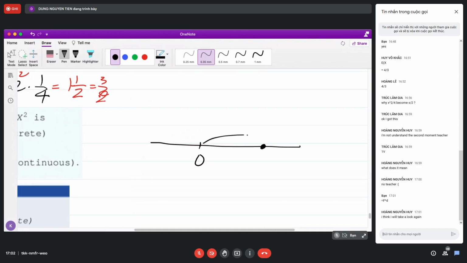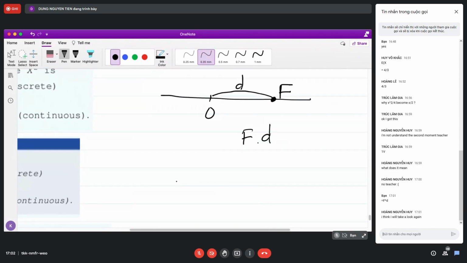And the distance is going to be d, and this is f, right? And you get the moment should be f times d, right? Something like that. Okay. Now you get the sum of k times f of k.